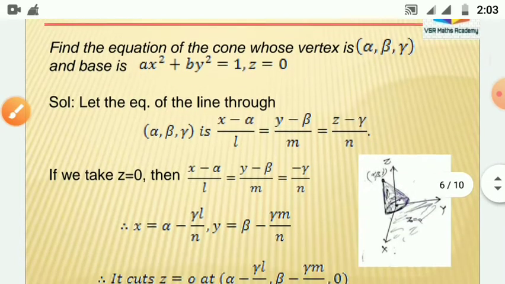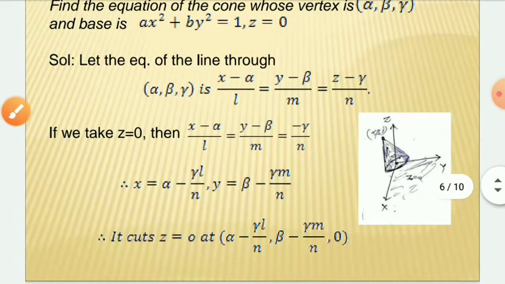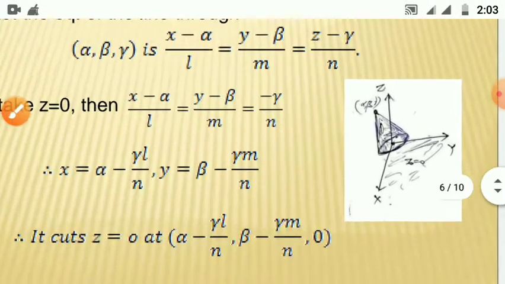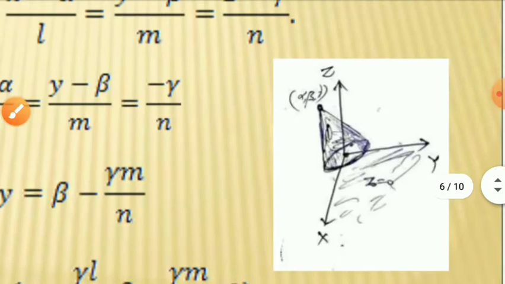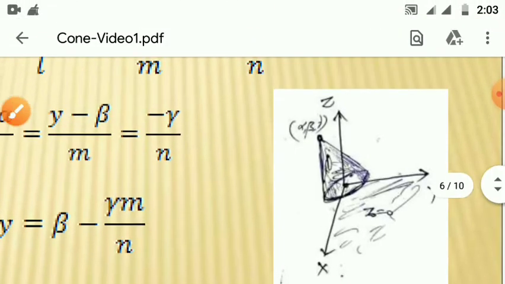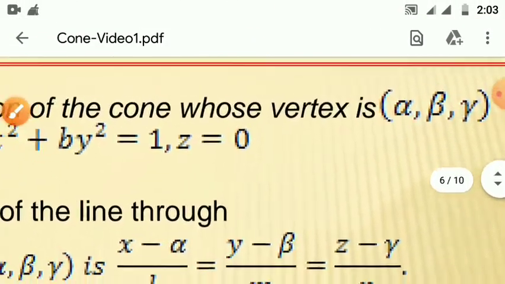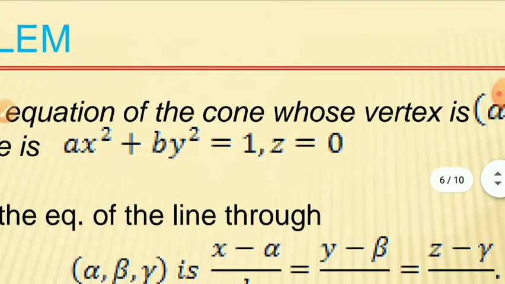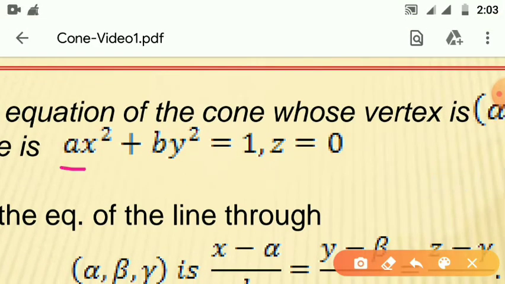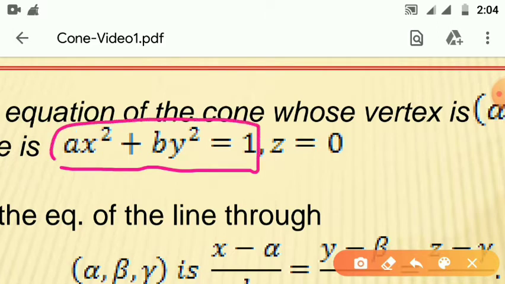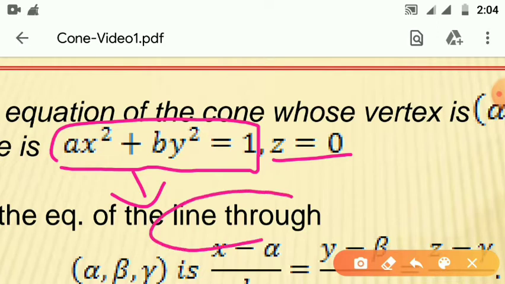So actually you can see in the diagram here, by the equation we can easily understand that ax square plus by square is equal to 1, z is equal to 0 is the equation of an ellipse in the xy plane.